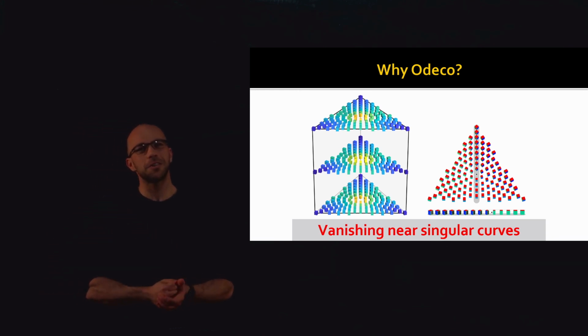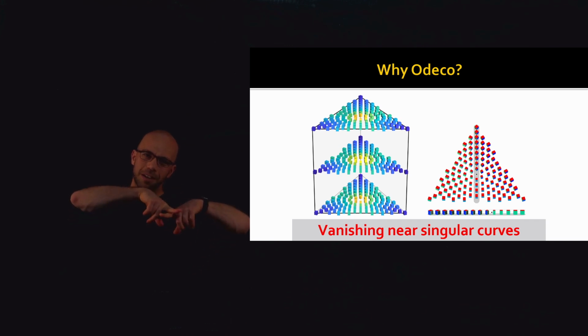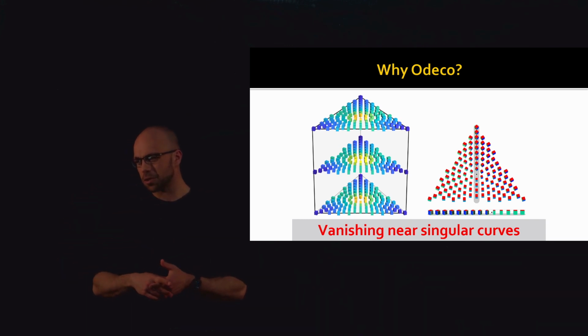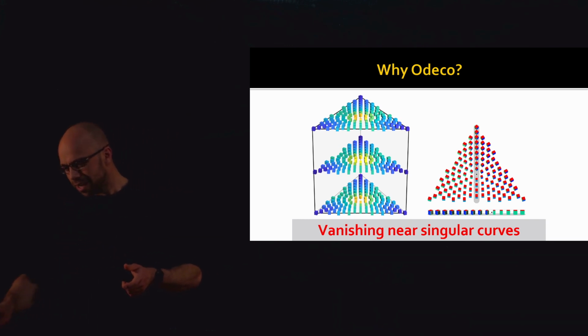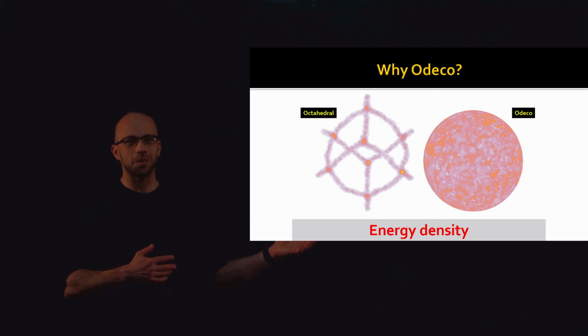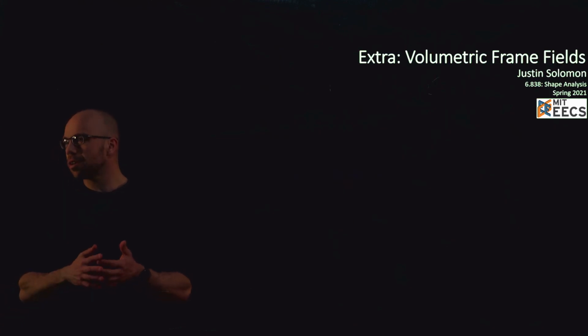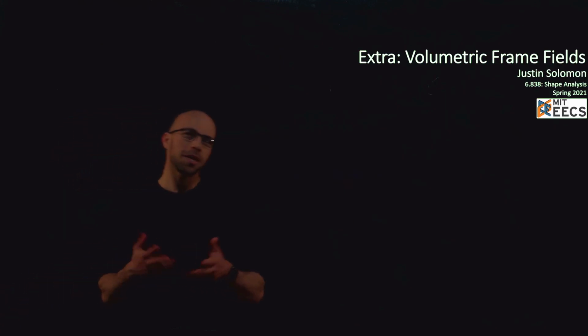So by using Odeco frames, I can allow just one axis to go to 0 while still allowing an interesting two-dimensional structure. That even has some useful takeaways for the energy density: when you optimize for Odeco frames, you don't end up with bad behavior right near the singular points.